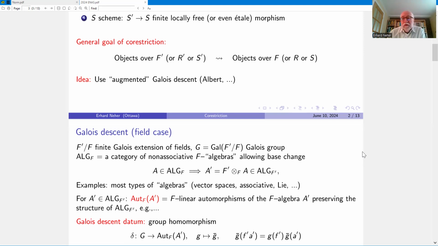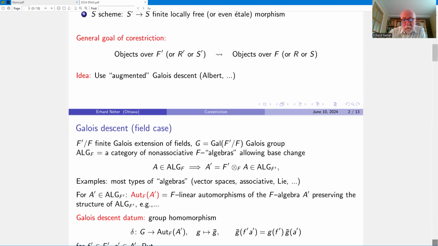Now we want to construct a Galois descent datum, which is the following. We want to use this Galois descent datum.